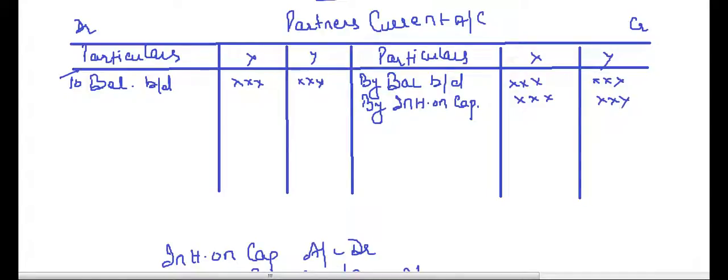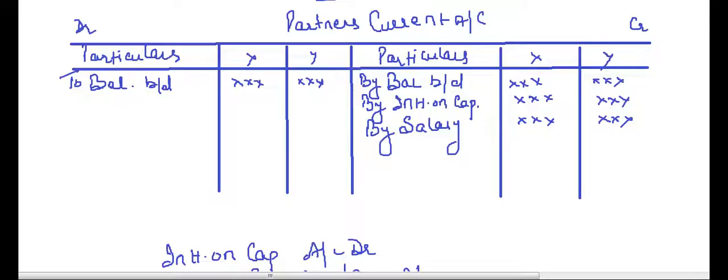Very clear. Similarly, if the firm is paying any remuneration to the partners, say salary, it is an income for the partner. We'll say by salary. Now if the partner is having any drawings, it has a balance in partner's current account.